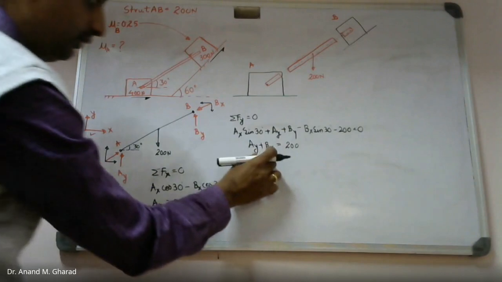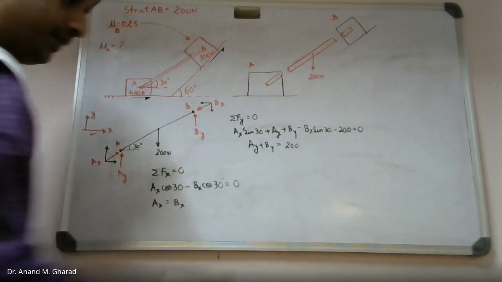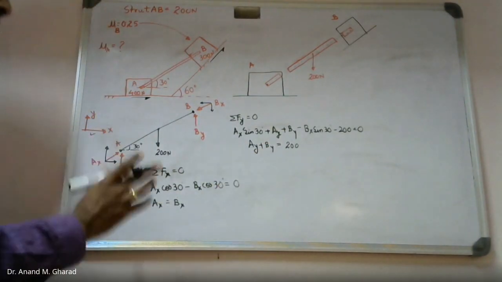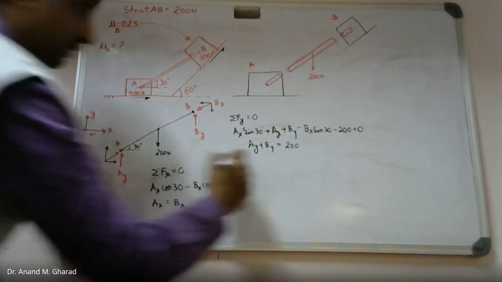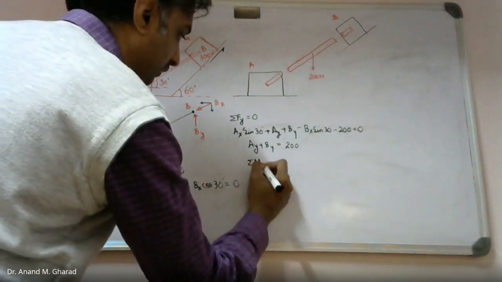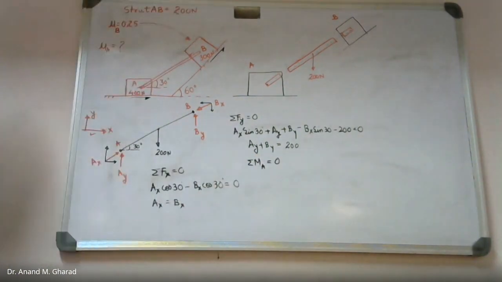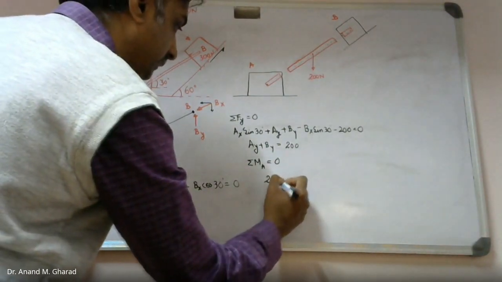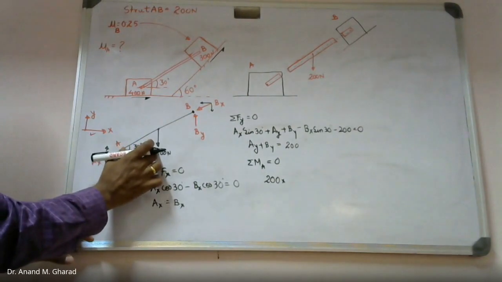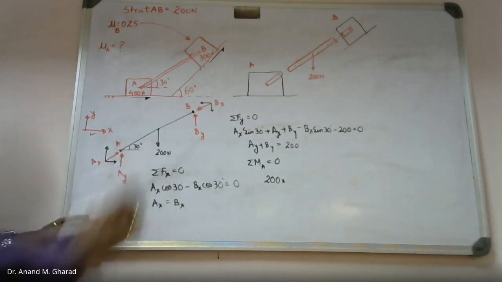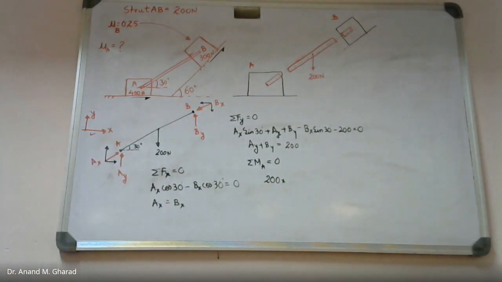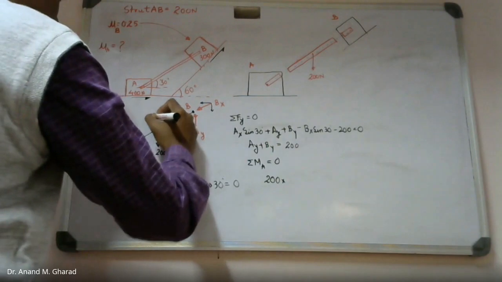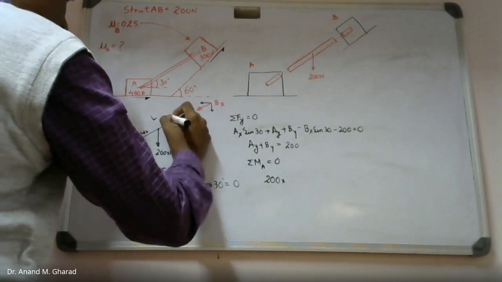From here, if I want to calculate Ay and By, I need to take moment about, let's say, point A equal to 0. So what will be the value? 200 into this perpendicular distance. And what is the length? There is no mention of length as such in this equation, so you can consider this to be capital L. This will be L by 2, L by 2.